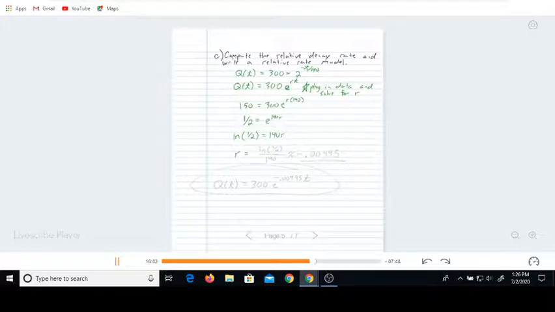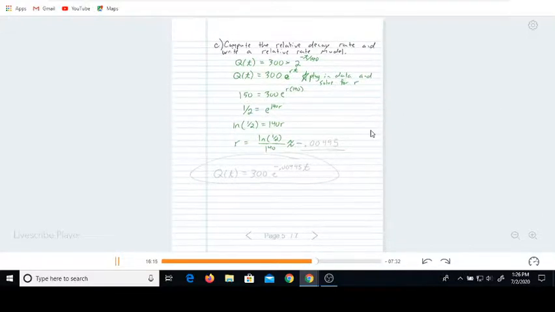So our related rate equals natural log of 1/2 divided by 140, which, if we type that into our calculator, is negative. Now, it should be negative because it's decaying.